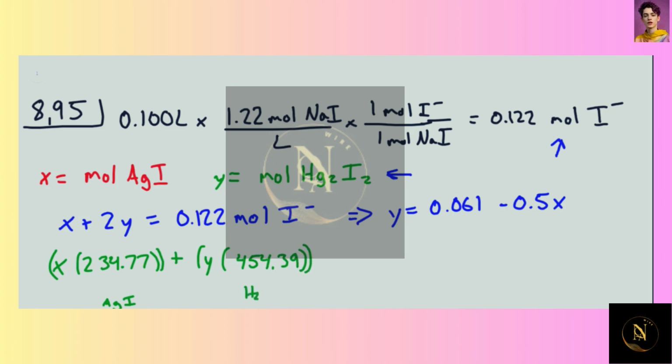This is for mercury iodide. This should equal 28.1 grams. The sum of the masses is 28.1 grams.